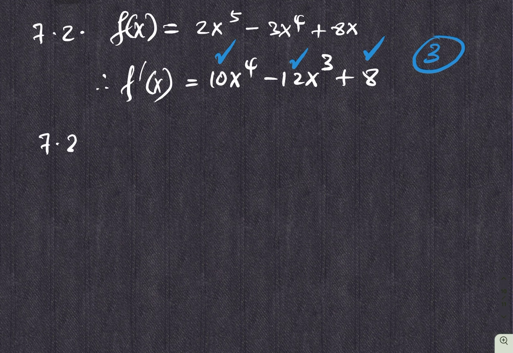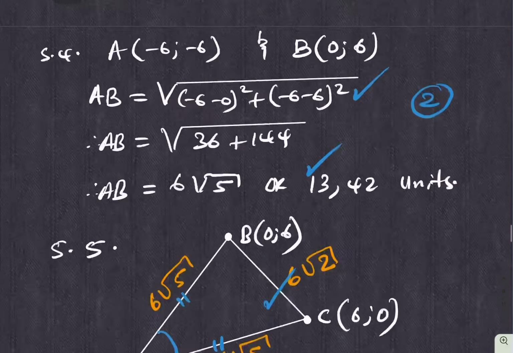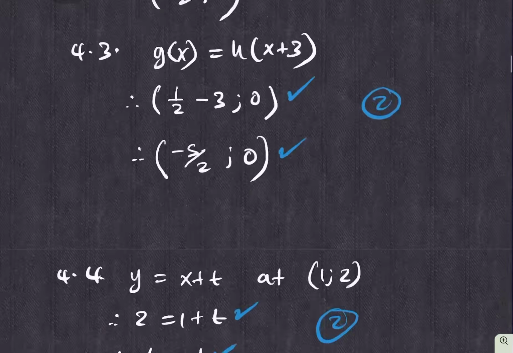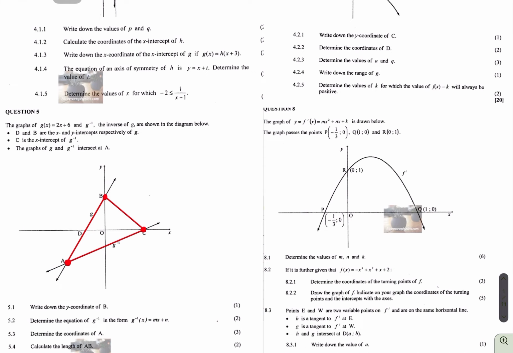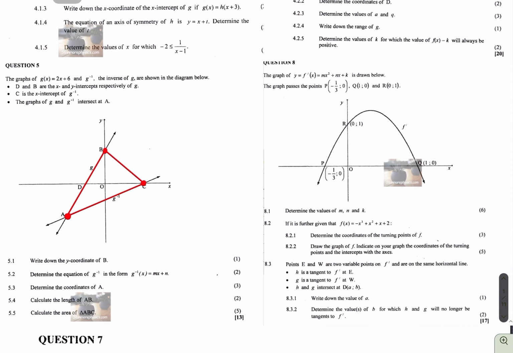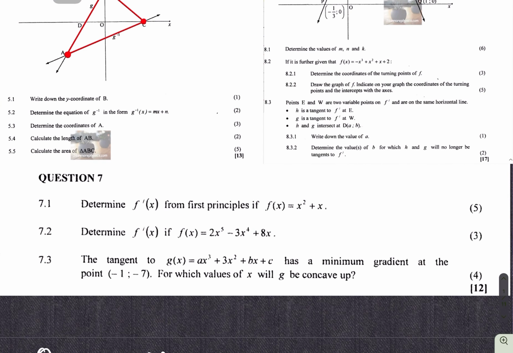And then 7.2, what are they saying there? This paper was very easy. The tangent to g, where g of x is equal to ax cubed plus 3x squared plus bx plus c, has a minimum gradient at the point (-1; -7).